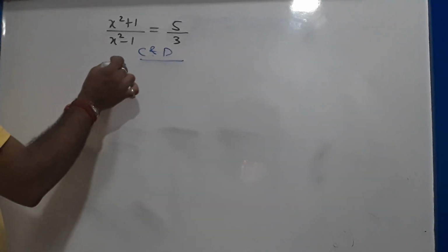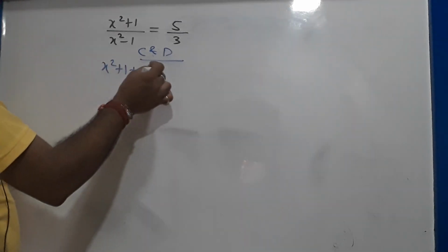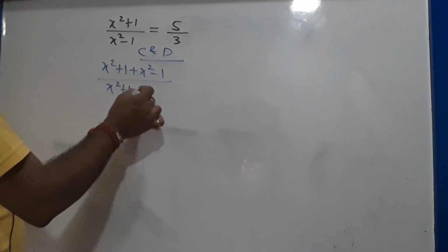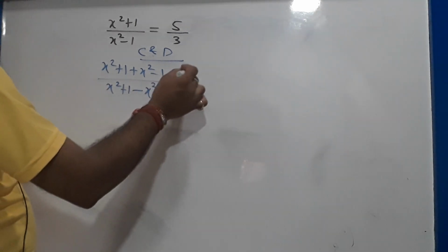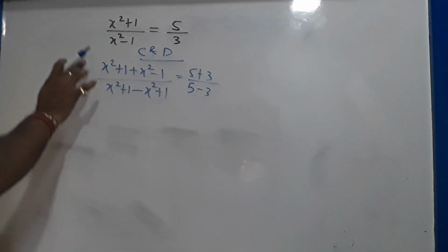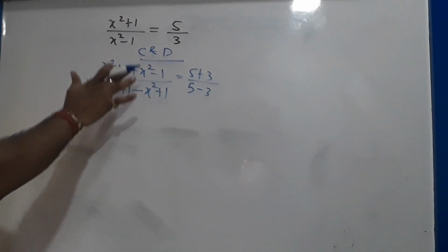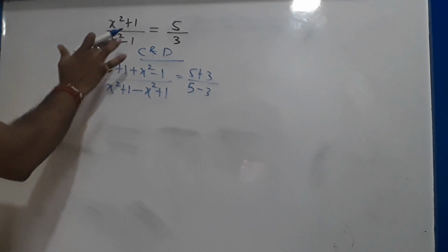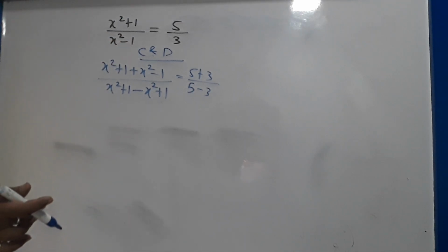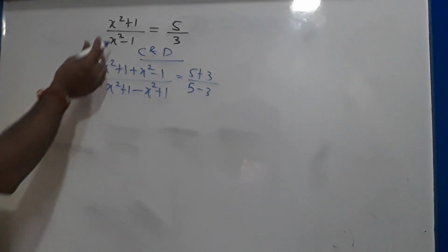So numerator plus denominator upon numerator minus denominator: x square plus 1 plus x square minus 1 upon x square plus 1 minus x square minus 1 equals 5 plus 3 upon 5 minus 3. While writing minus denominator, change the sign of the denominator.